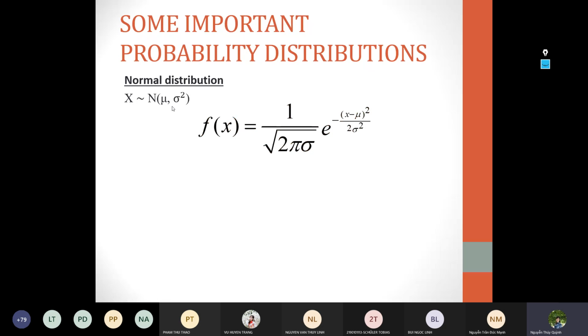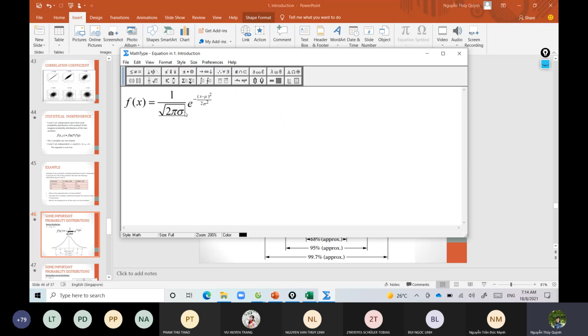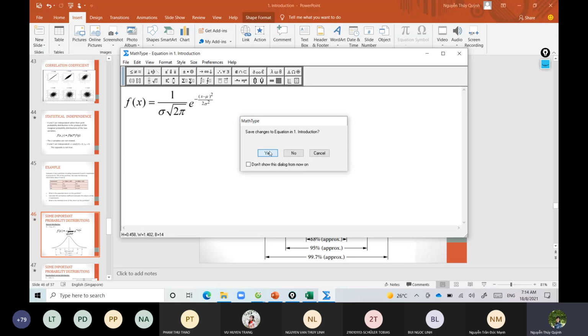It has a probability function like this. Actually, I have to correct this: sigma should be outside the square root. But you don't have to remember the formula.